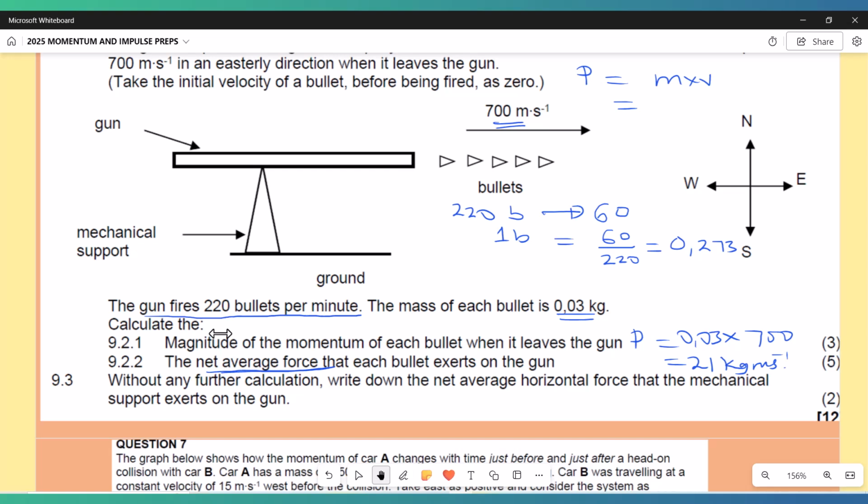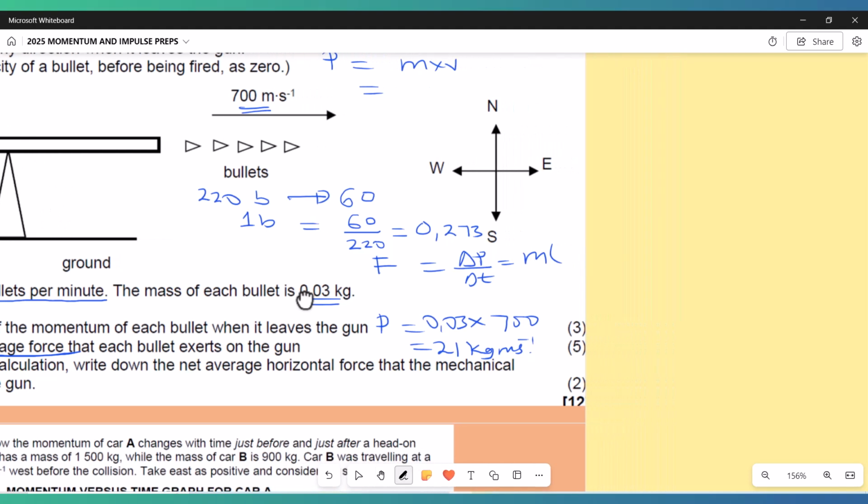Now, because I have the time for one bullet, and I'm looking for the average net force, what am I going to do? I know that the force F net equals change in momentum divided by change in time, which is the same as saying mass times (V final minus V initial) divided by change in time.